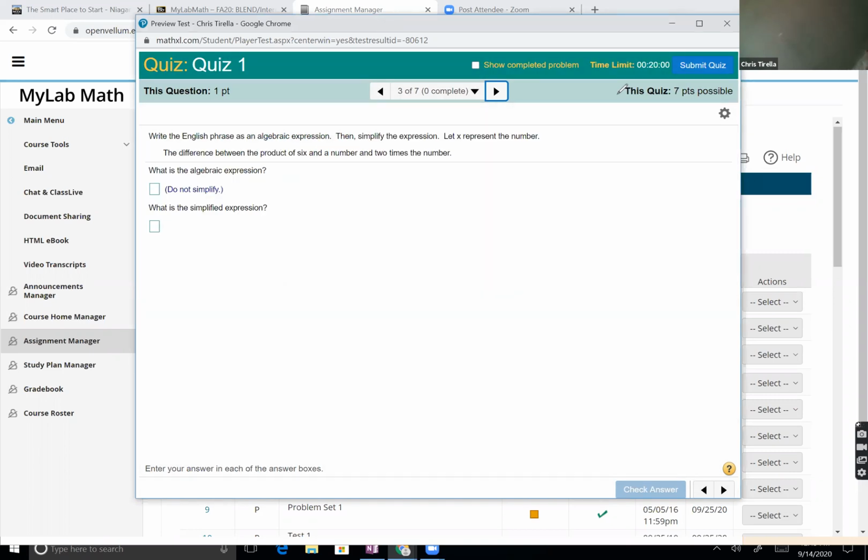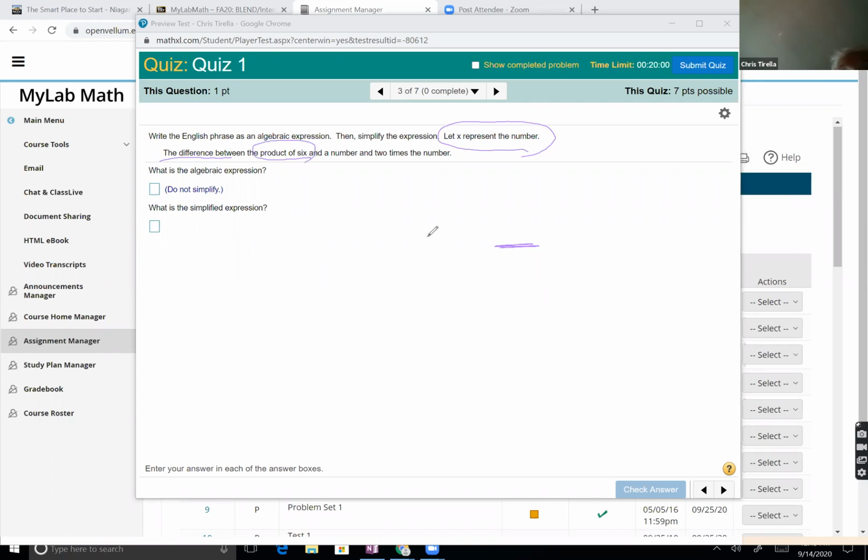write the English phrase as an algebraic expression, simplify. They tell us to let x represent the number. I think there was somebody who used a letter other than x. If they tell you what variable to use, you probably ought to use it. It says we're taking the difference, so that means I'm subtracting between the product of 6 and the number.